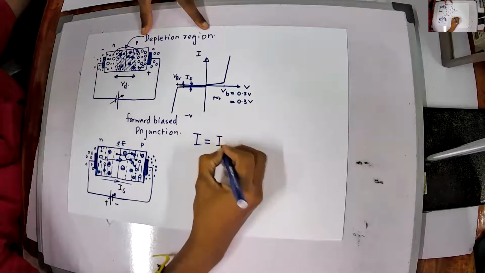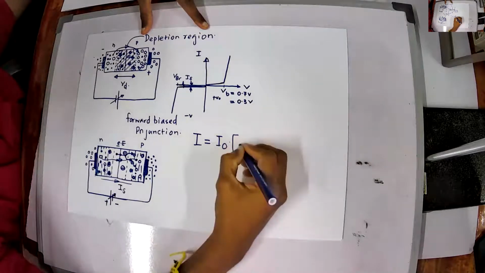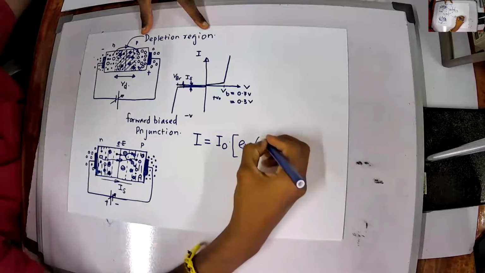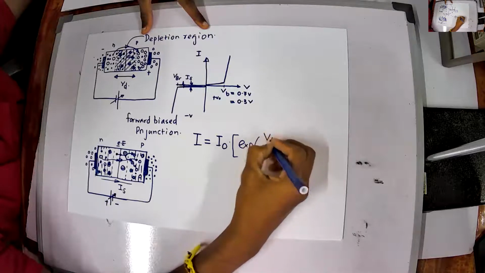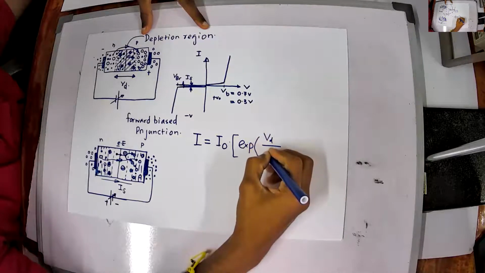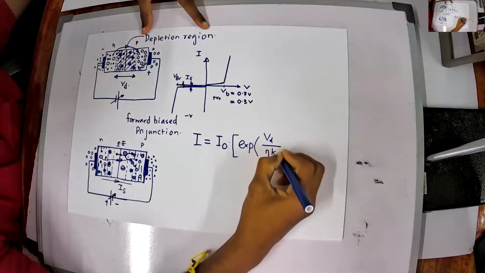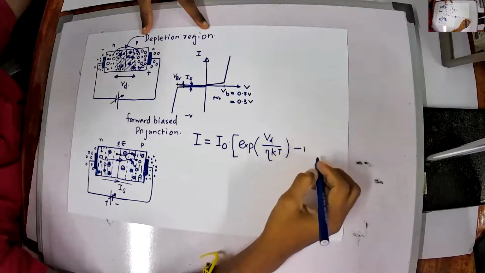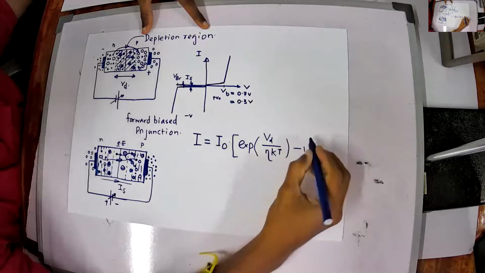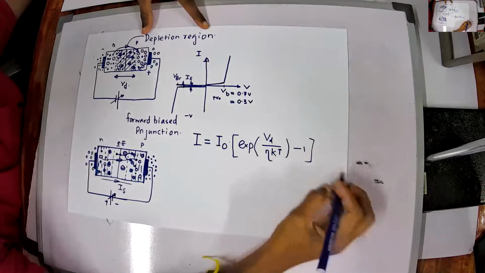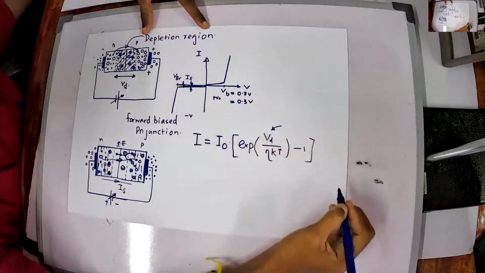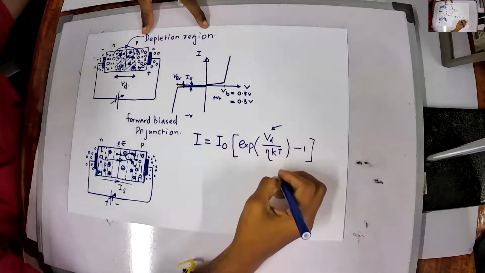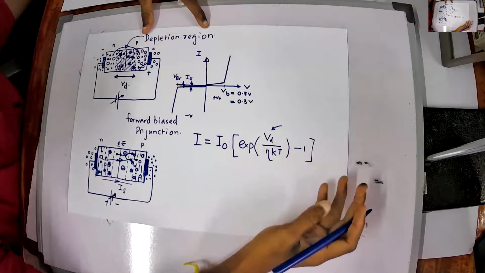So I could write the current equation through the diode. I equals I naught times the exponential of V over eta KT, minus 1, where V is the voltage across the diode, and eta is an empirical constant, or an ideality factor.